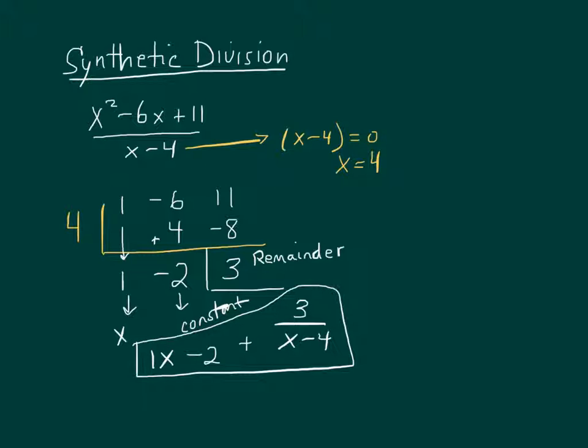The x minus 4 is just coming right from where we were dividing by x minus 4. Now I'll go through another example a little quicker, just to show you how fast and easy this synthetic division is.